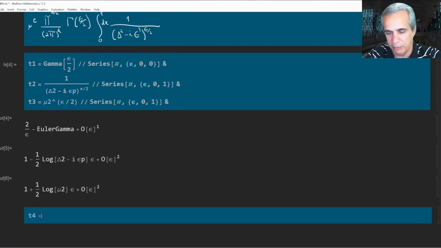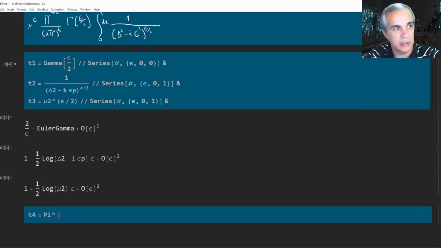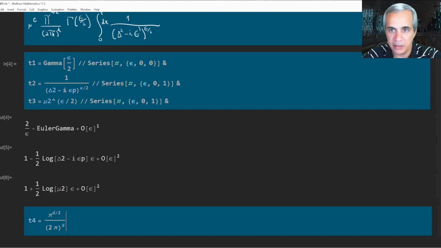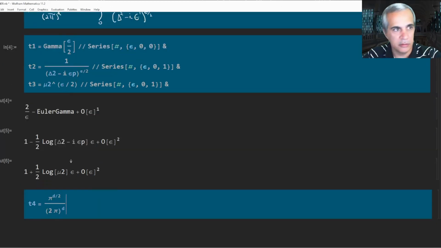This will be pi to the power d over 2 divided by 2 pi to the power d, right? That's what I have up there. Let me check, just see if I made any mistake. So yeah, that looks good.